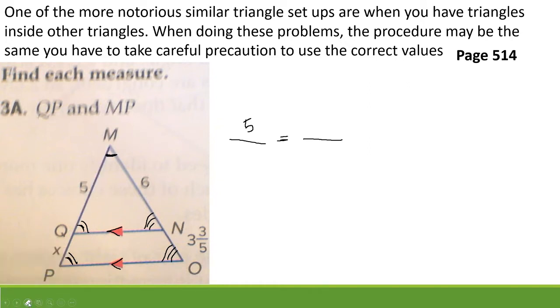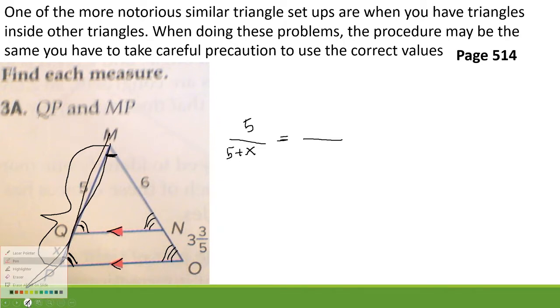Well, if I match the single and double arc in the big triangle, that would be single arc up here, double arc way down here. So that would match up with this entire side here. So most people would just say 5 over x. But this entire side length is not x. This is actually 5 plus x. So it'd be 5 over 5 plus x, because that's what this entire side length is right here, 5 plus x.